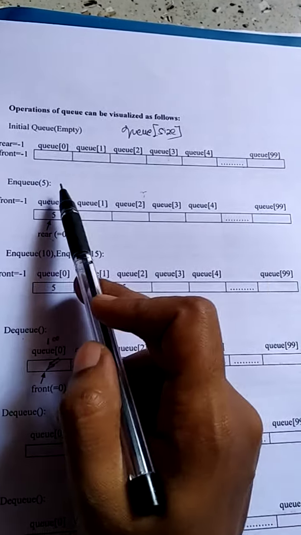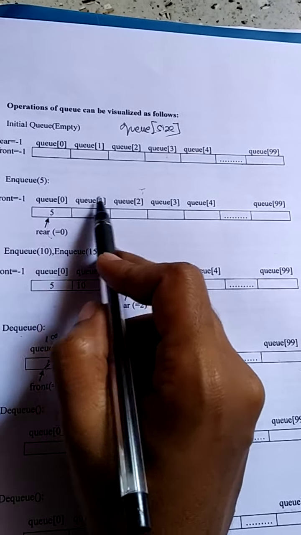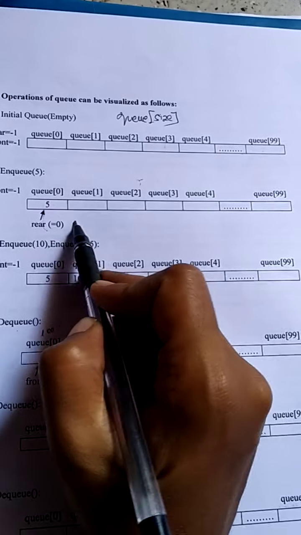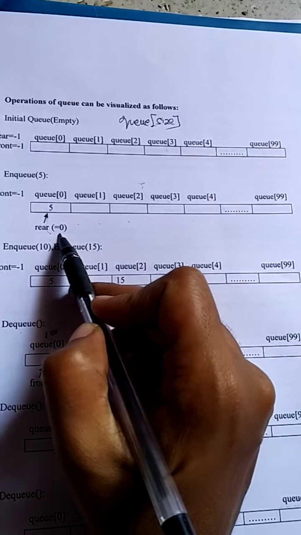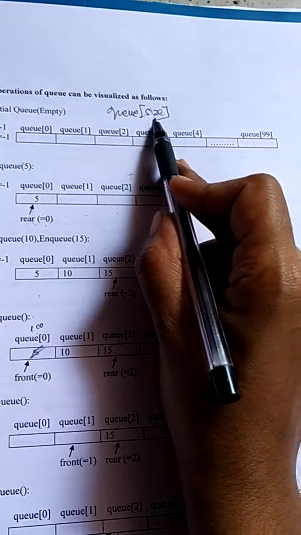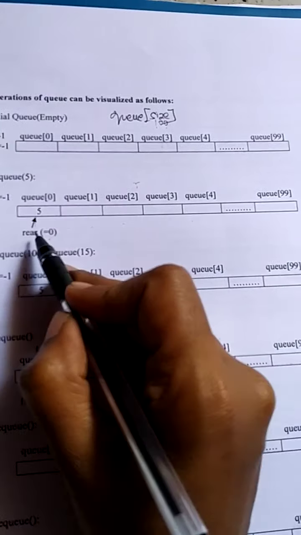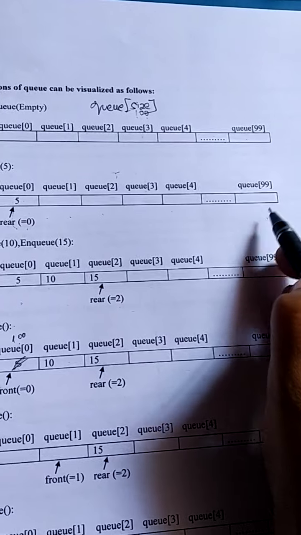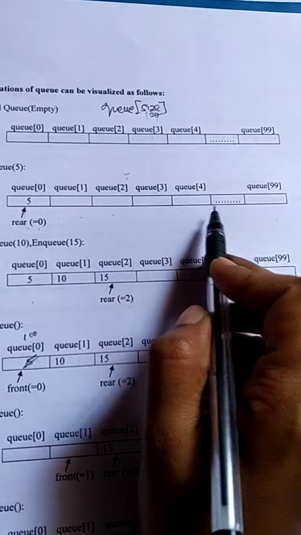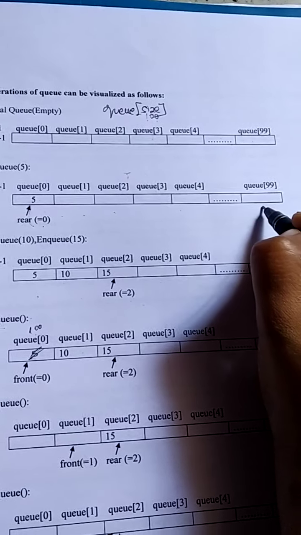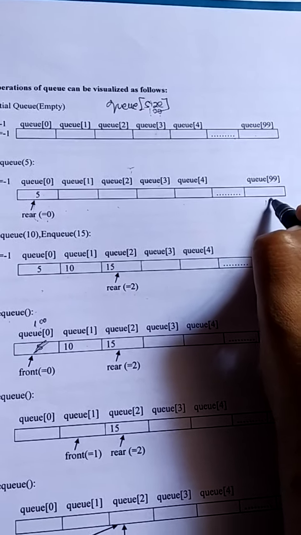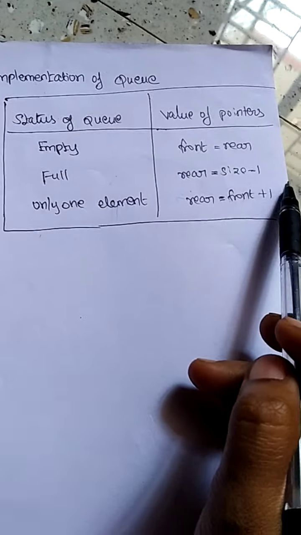Whenever you insert any item, the rear value will be incremented. When the rear value is size minus 1, what is size minus 1? Size is 100, so size minus 1 is 99. When the rear value is 99, it denotes that the queue is full. When every data is inserted and the rear is at the 99th position, the queue will be full. So we can say it is full when rear equals size minus 1.